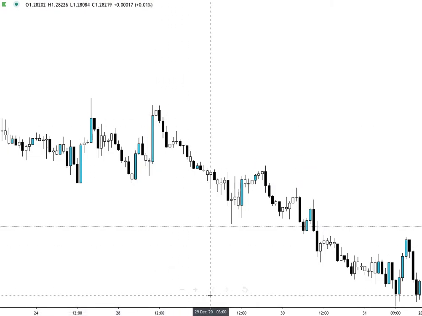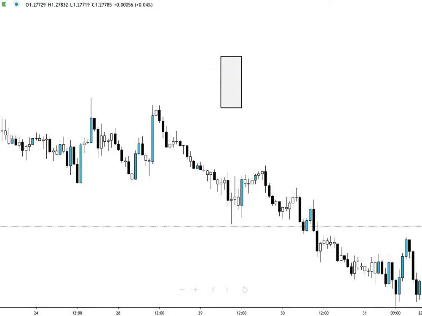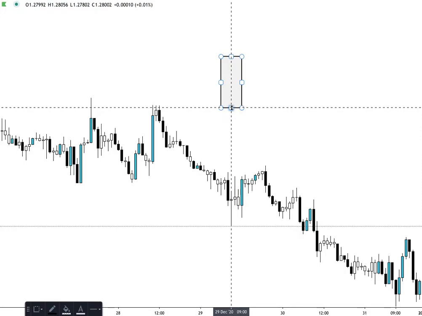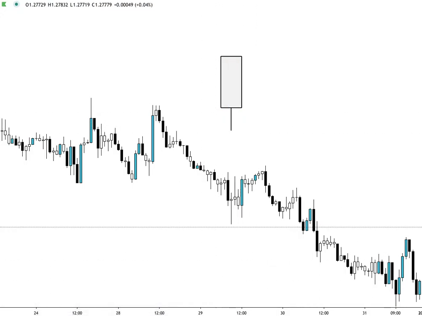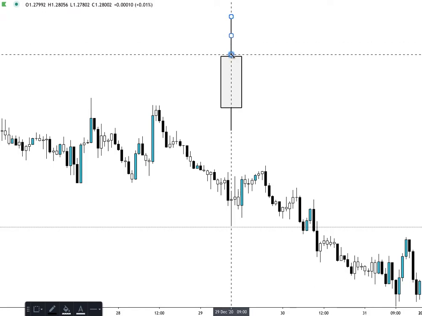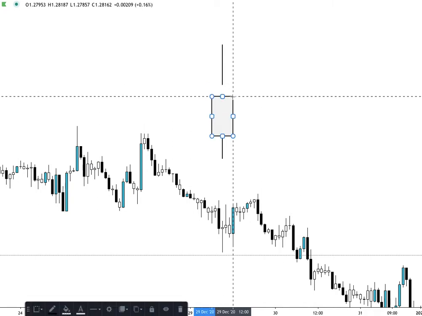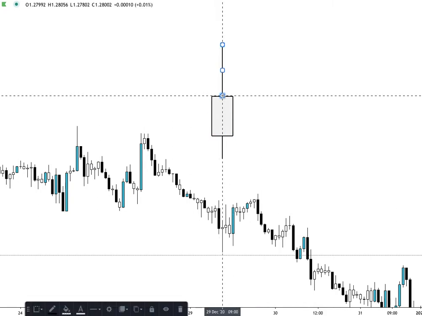Now, like I said before, a basing candle is simply when the body of the candle is less than 50% of the entire candle, right? So for example, this would be 50%, less than 50%.